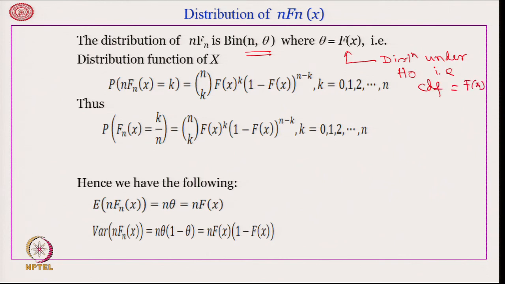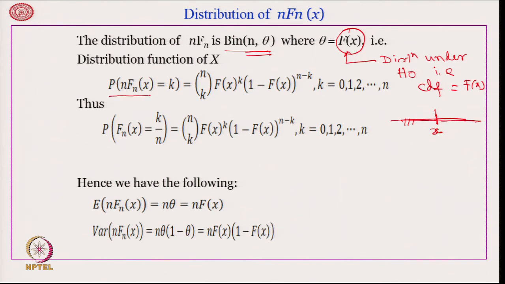Therefore, under the null hypothesis, the probability that an observed value is less than or equal to x is F(x). Therefore, we are considering it to be a binomial distribution with F(x) as the probability of falling on this side and 1 minus F(x) as the probability that it will fall on the other side of x.